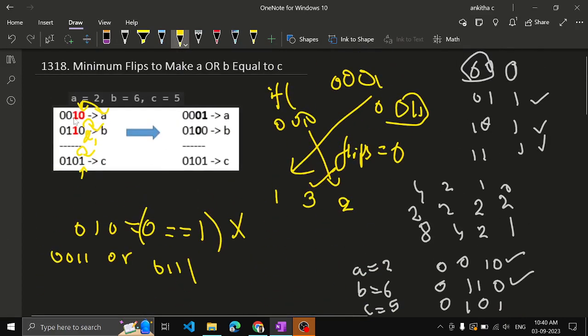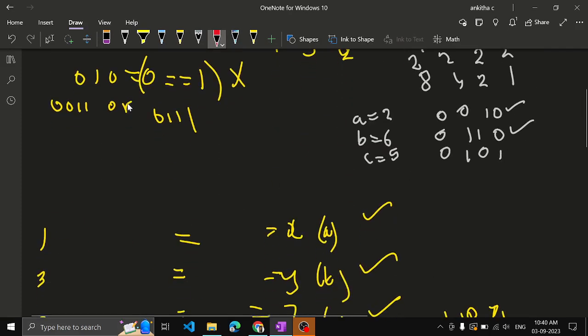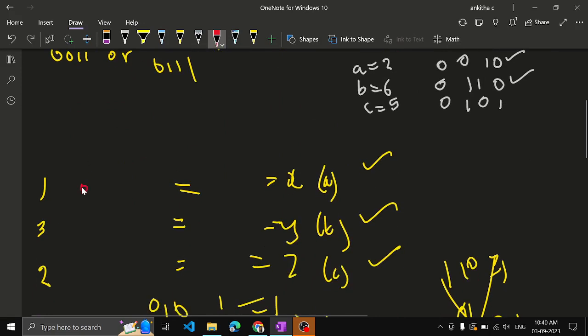How is 1 represented? That is this bit only. Now we are looking at this bit, so I'll point over here. 1 AND with 1, what will it give you? 1 means 0, 0, 0, 1. 3 means 0, 0, 1, 1. 2 means 0, 0, 1, 0.